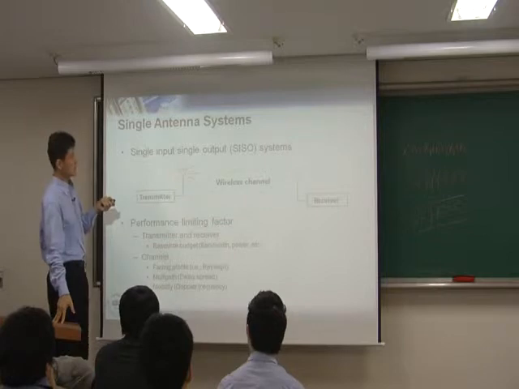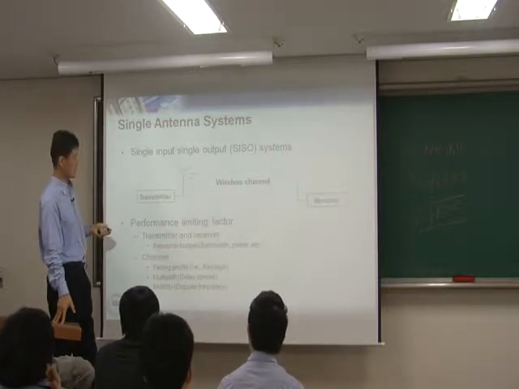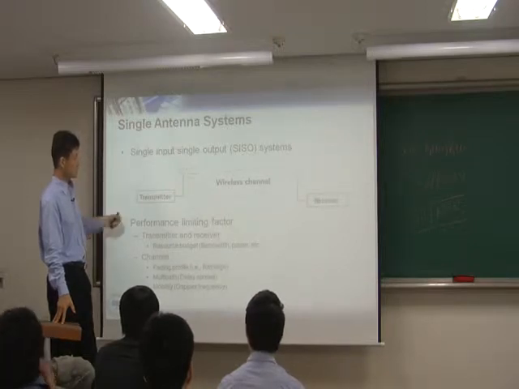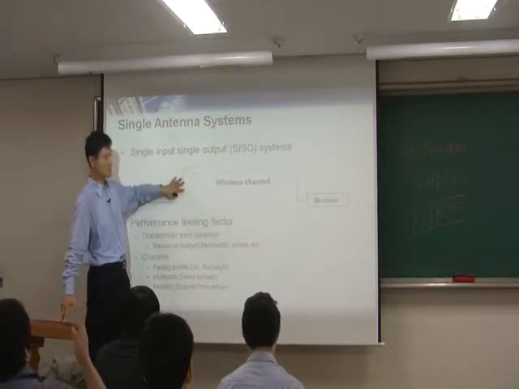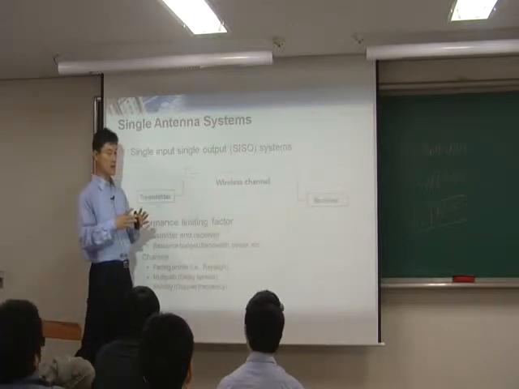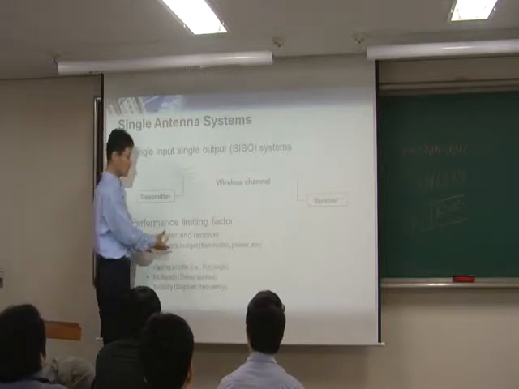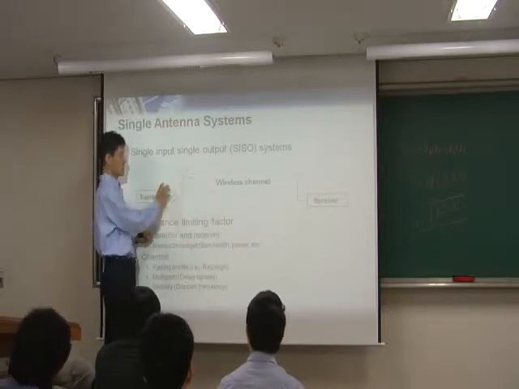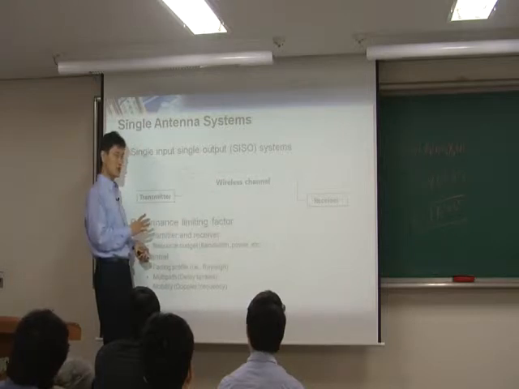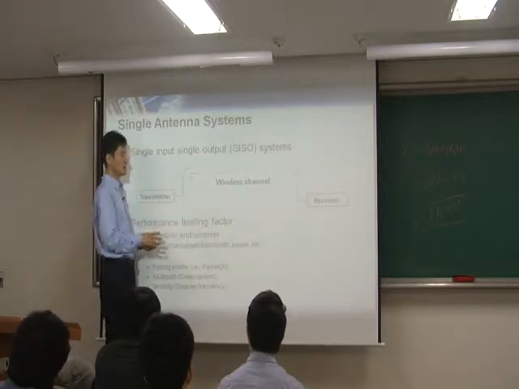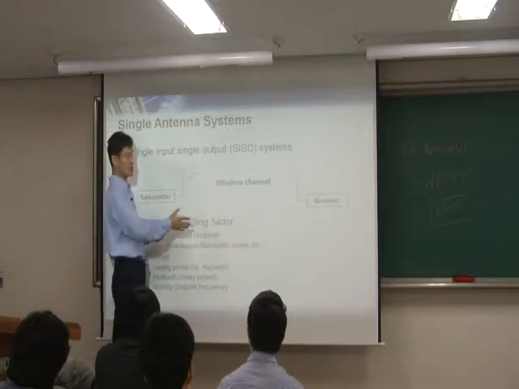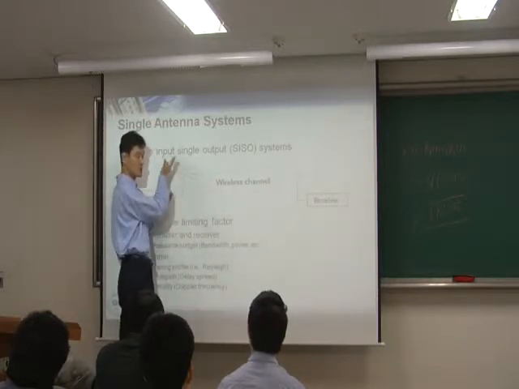For the single antenna system, we can think about the performance limiting factors. In the transmitter and receiver, especially the transmitter, you always have a resource budget, especially a power budget. You have a certain limited power budget. Why are we talking about this? If there were no such restriction, so you could transmit whatever power you want, then the easiest way to increase performance would be to boost up your power.